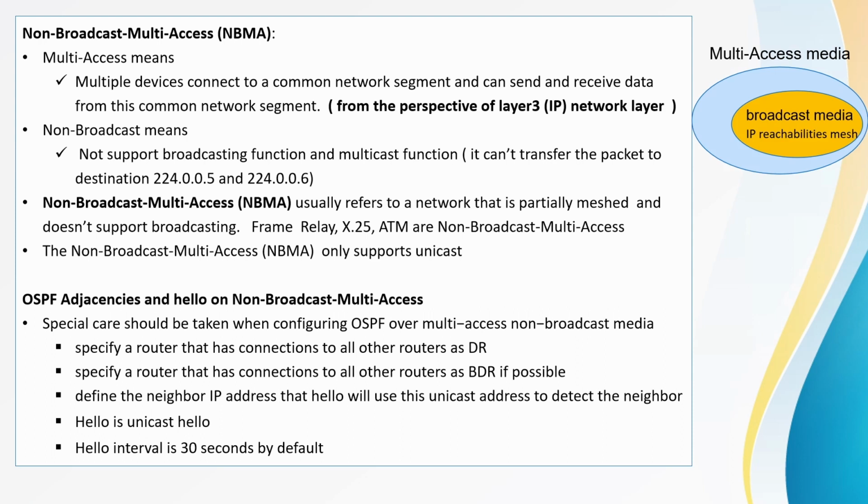Non-broadcast multi-access usually refers to a network that is partially meshed and doesn't support multicasting. So Frame Relay, X.25, and ATM are non-broadcast. Non-broadcast is not often used in the real world for now.